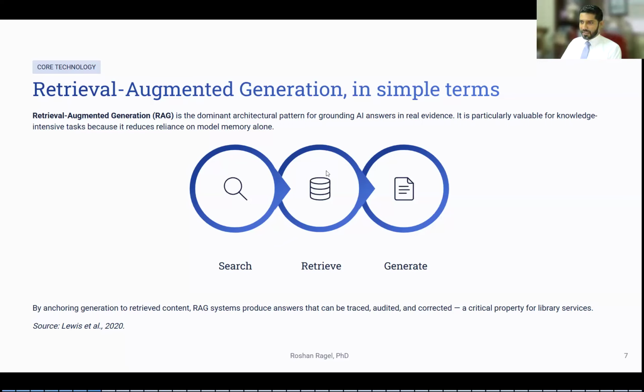The middle item in my three circles highlights the trusted resources, not everything. So we search trusted resources and we generate items from there, not from everywhere else.